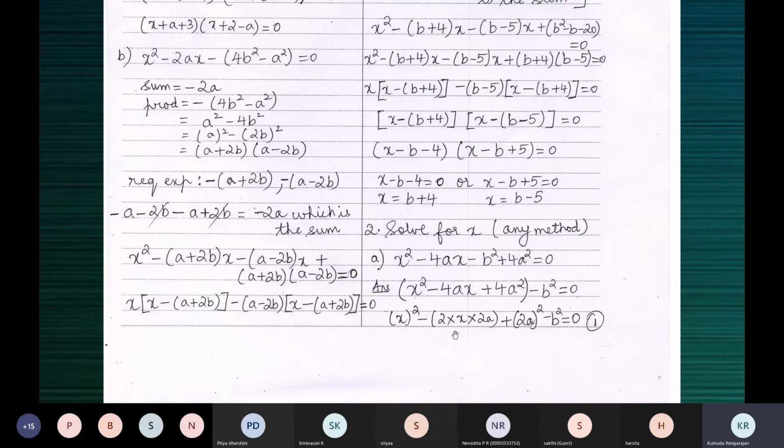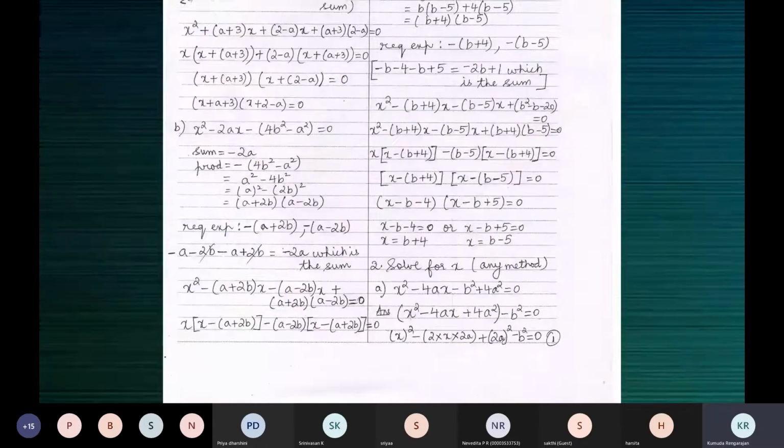Now let's write the middle term. It will be minus 2 into, why 2 into? Because 2pq, right? So 2 into p is x and q is 2a, and working this, you get 4ax. So now see these 3 terms. They make an expression which is a perfect square. p square minus 2pq plus q square can be written as p minus q the whole square.